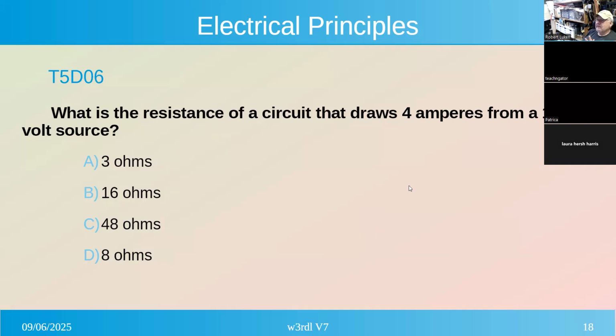What is the resistance of a circuit that draws 4 amperes from a 12 volt source? Alpha. I'm okay with alpha.